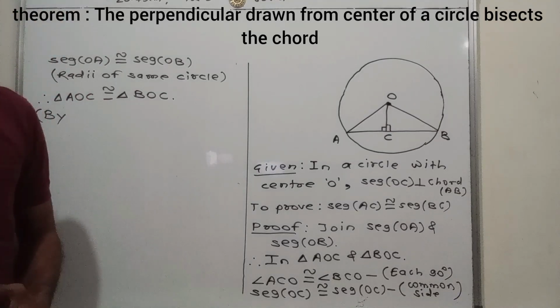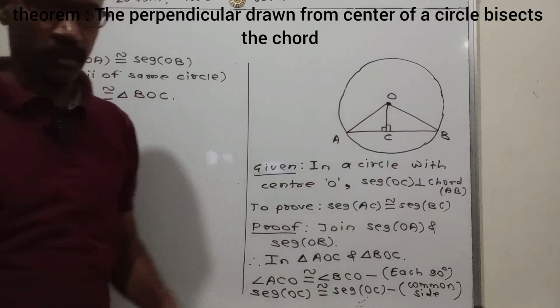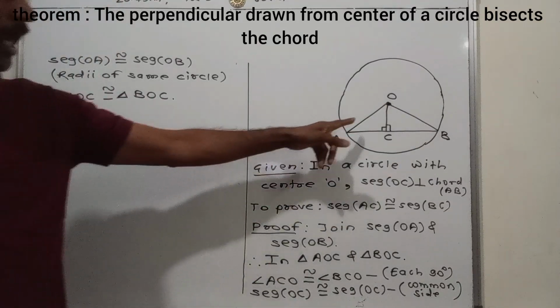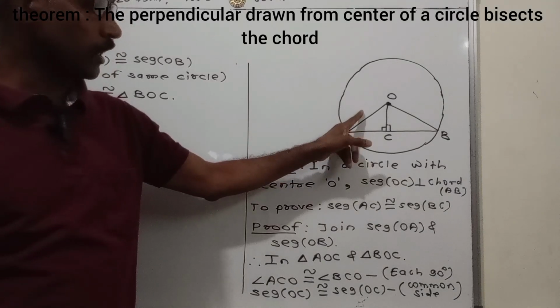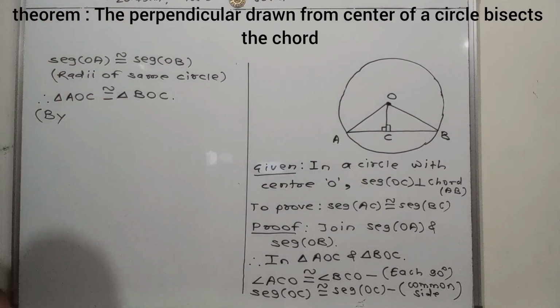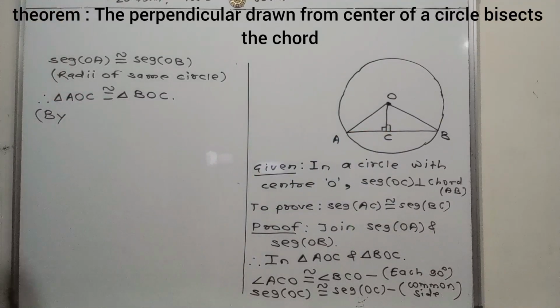These are in triangle AOC: this is hypotenuse, this is right angle, and this is the side making right angle.